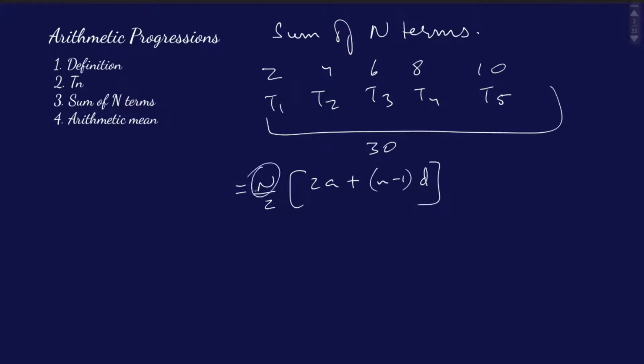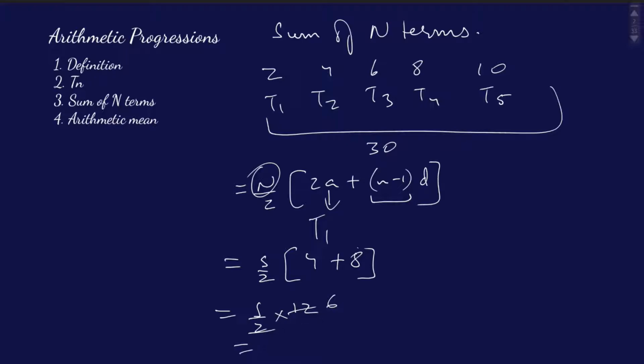Here n is the number of terms, which is 5, a is the first term, and d is the common difference. Putting in the values, it is 5 by 2 into (2a, which is 4, plus (n minus 1), which is 4, into the common difference 2, so 8). So 5 upon 2 into 12, cancelling, is 5 into 6, which is 30, which we found earlier.